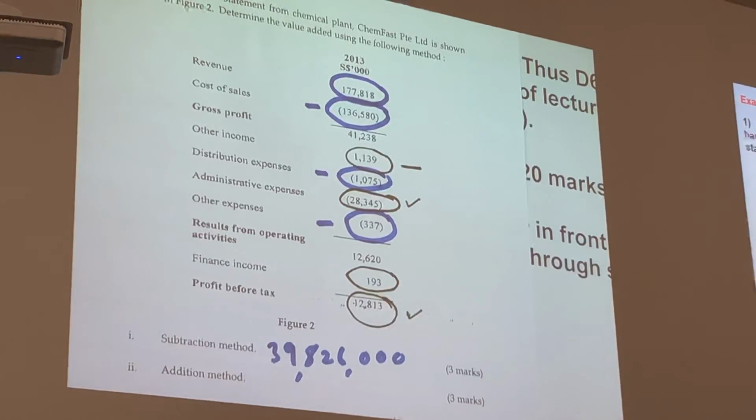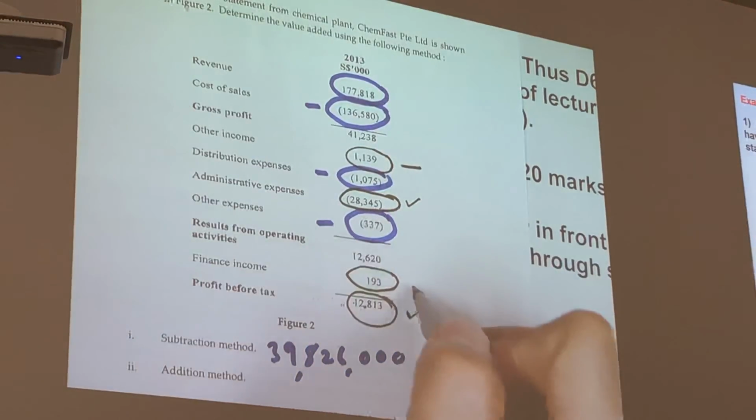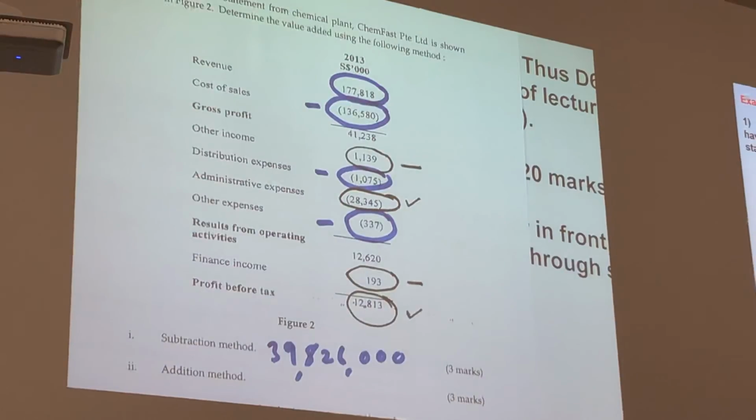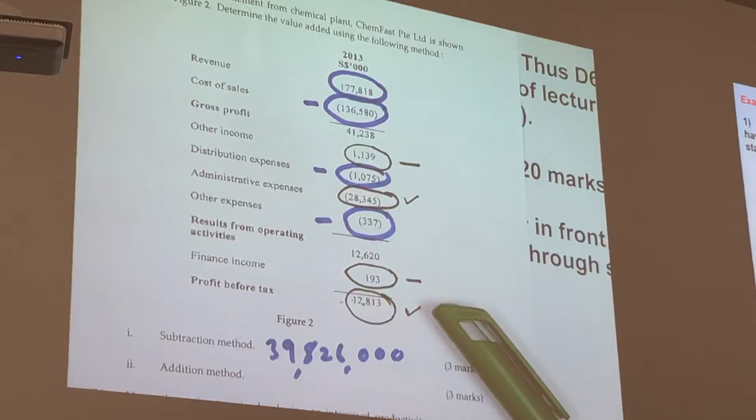So I only want to look at things that are my organization's main activity. Take note guys, finance income is not related to your company's main activity.